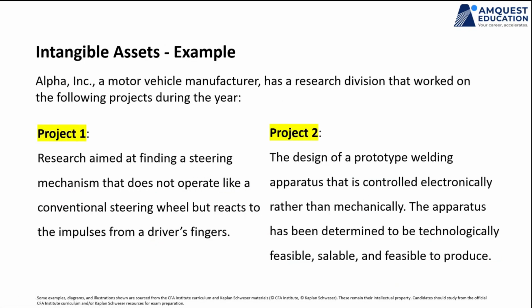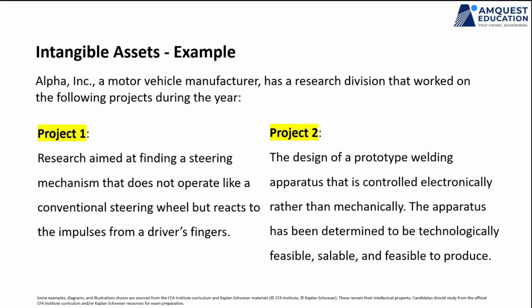Take an example. A motor vehicle manufacturer has a research division that worked on the following projects. Project 1, research aimed at finding a steering mechanism that does not operate like a conventional steering wheel, but reacts to the impulses from the driver's finger.